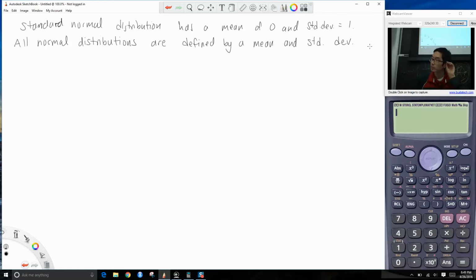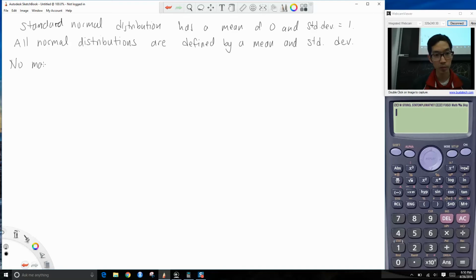Okay. And again, remember these are theoretical shapes that kind of tell us how the values should be distributed, okay? But no matter what our normal distribution looks like, we can convert them back into standard normal distributions, okay? And that's through the use of z-scores, okay?